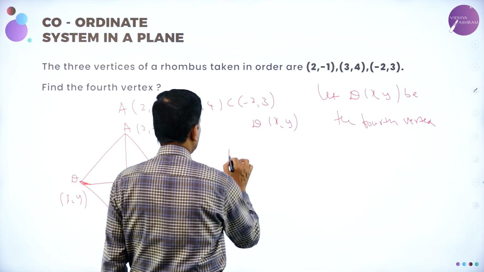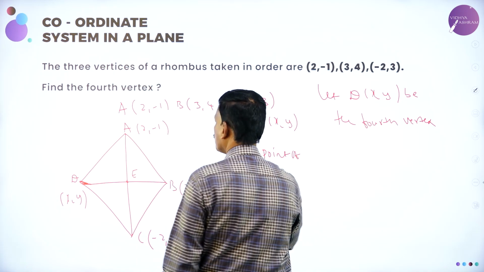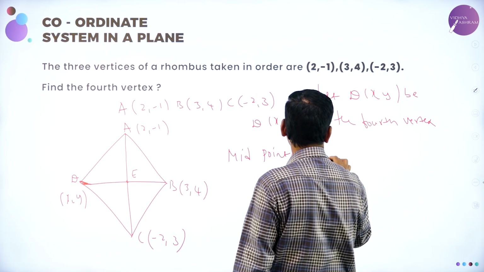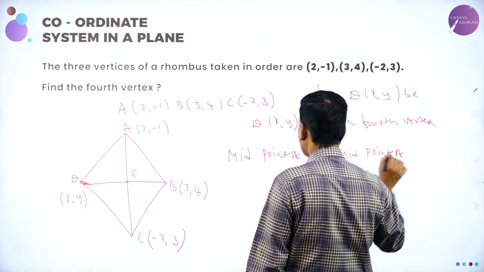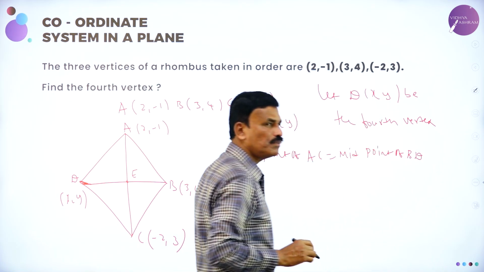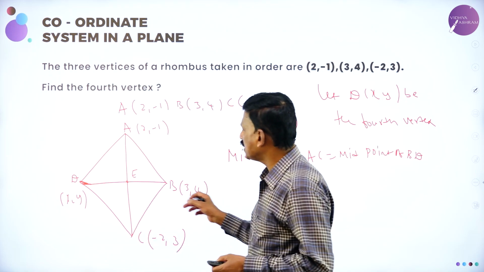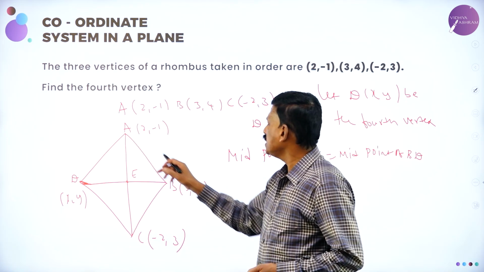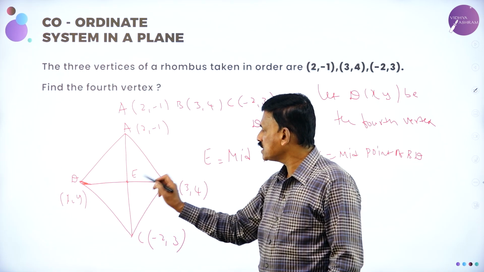Now since the midpoint of AC is equal to the midpoint of BD, E is the midpoint of AC and BD.